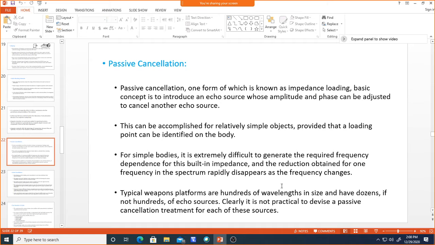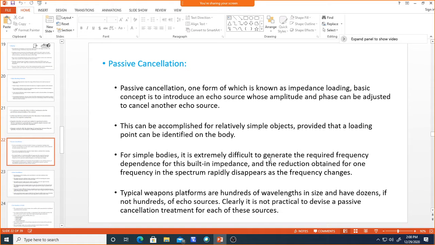If you are operating in the lower frequency region, it reads the complete target itself. In the high frequency region, the target itself becomes multiple reflectors or multiple targets, and it will reflect the energy.